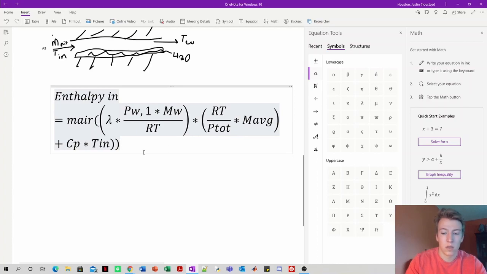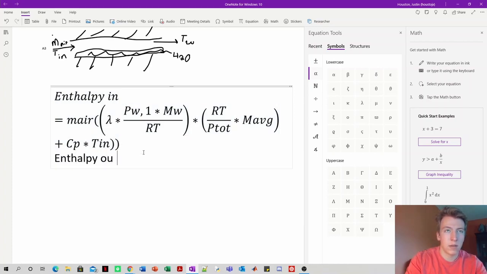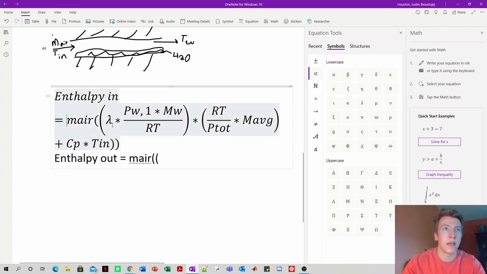And then we're going to do the same thing but for enthalpy outwards of that elongated tube. So this is going to be equal to, once again, the mass flow rate of air coming in times that, and I'll just copy and paste this because it's practically the same thing.